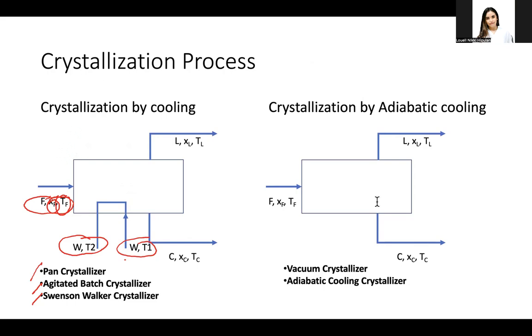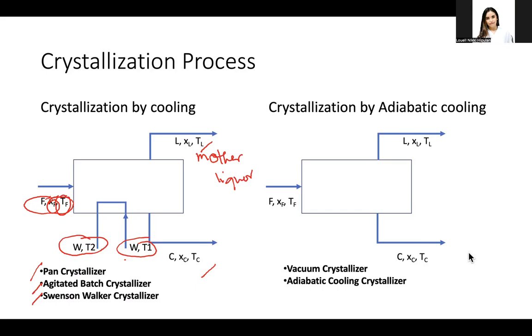After it cools down your system, the solution then separates into your mother liquor, indicated as letter L, which is the remaining liquid after crystallization, and your crystals, which is the solid product form. They have their temperatures, TL and TC, respectively.